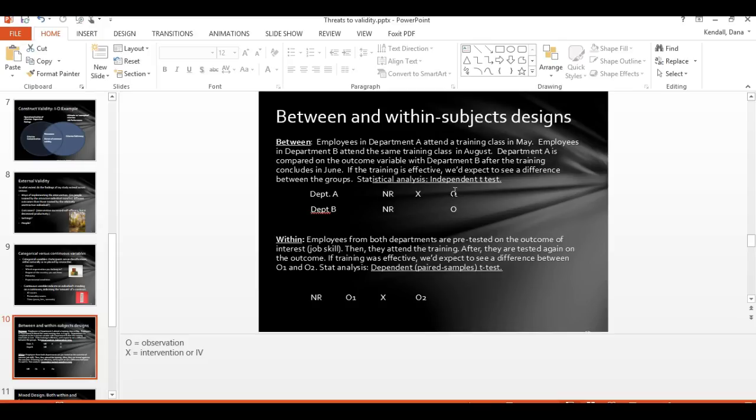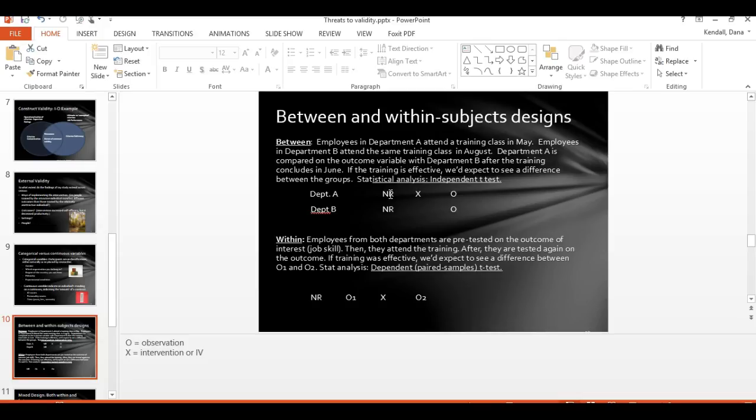The O's mean observations or measures of something, like you're taking a personality measure, a skills measure. And the X is the intervention or the IV, the thing that you manipulate in your experiment. The NR means non-random assignment. So that means that you're not employing random assignment. You're just doing a voluntary design, where people can self-select into your group.